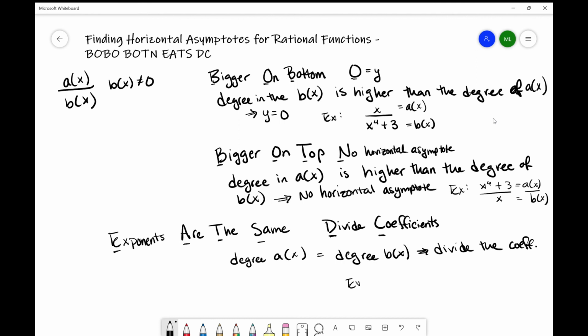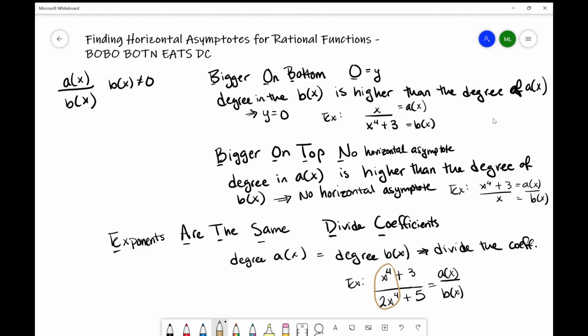And an example where the exponents are the same, meaning that our degrees of the polynomials are equal. So let's say we have x to the power 4 plus 3 over 2x to the power of 4 plus, let's say, 5. Divide the coefficients. Here a of x is the numerator, b of x is our denominator. My coefficients are right here, where our exponents are the same.